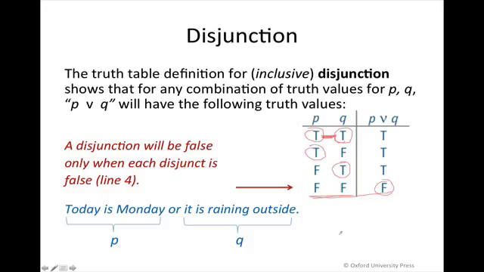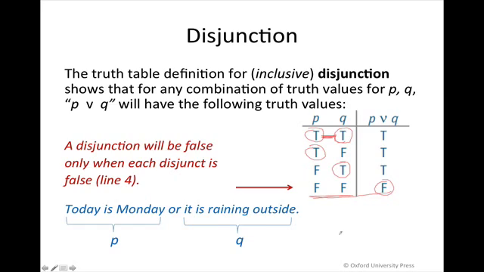I want you to remember this when we move into chapter 8 and we talk about some valid forms of reasoning. For right now, I'll just say that just because you have a disjunction doesn't mean that one and only one of the disjuncts can be true.